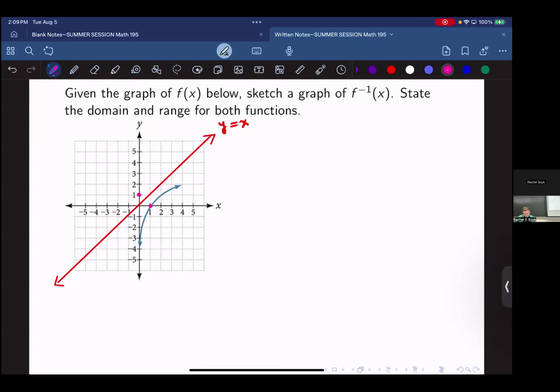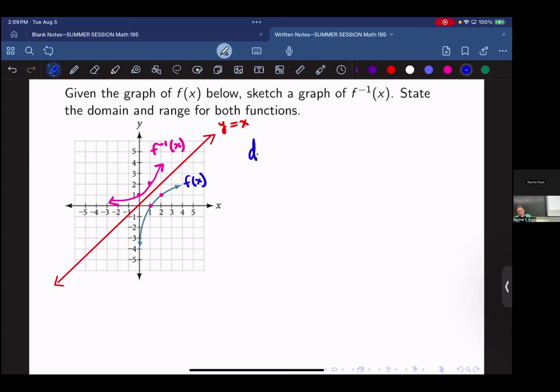Again, it's a sketch, so it doesn't have to be perfect, but I'm going to put in this point as well to make it a little easier. It should look something along these lines. This is f inverse of x, and this was our f of x.